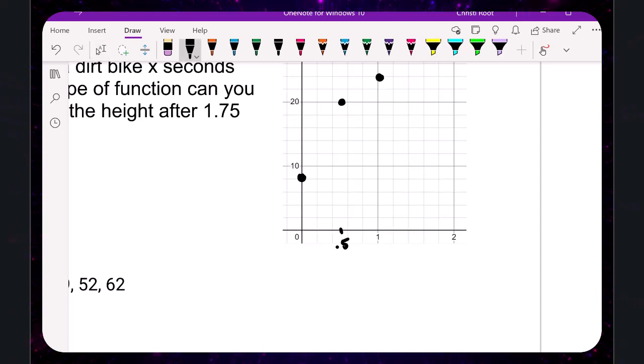Then 1.5 falls back down to 20, and after 2 seconds, he's hanging out about 8. Is it 8 feet? Yes, 8 feet in the air. So that bike follows this pattern right here.